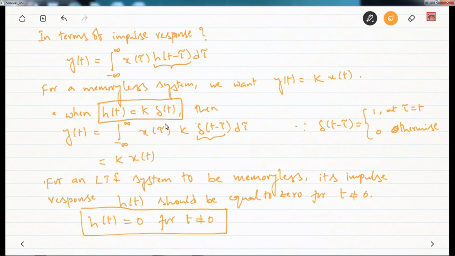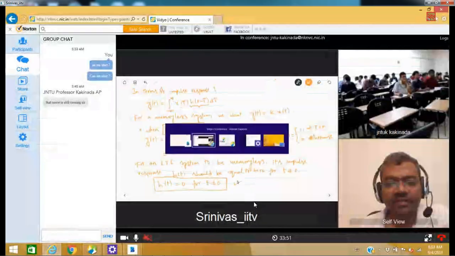So if you have any questions, you can ask me. So in terms of impulse response, we can say that you look at the given impulse response of the LTI system and see whether it is 0 for all non-zero values of t, and say whether it is a memoryless system or not, right? So this is for the memoryless system property.